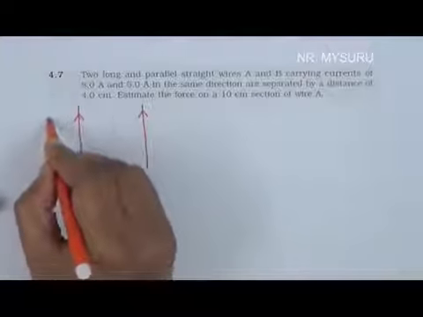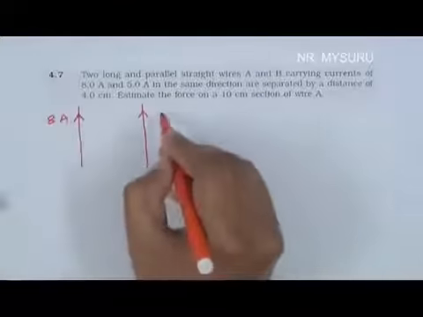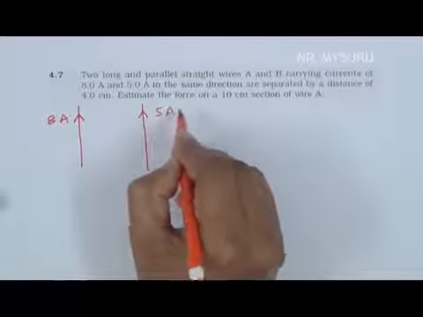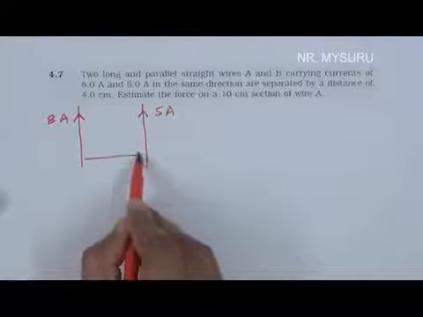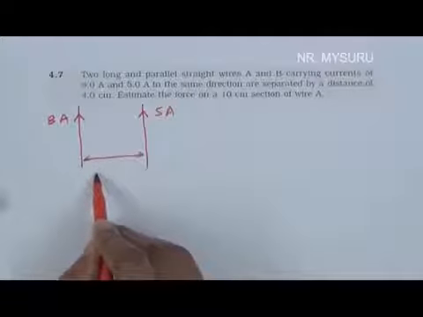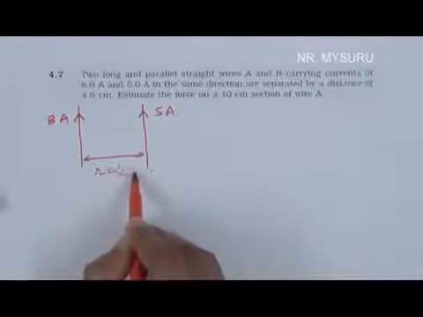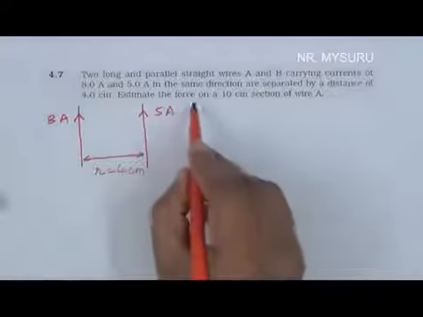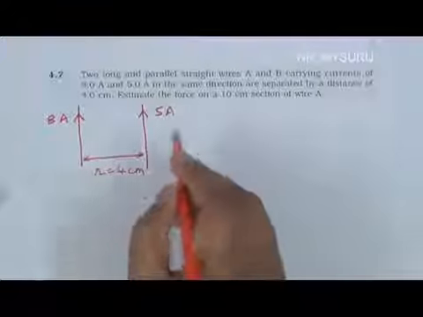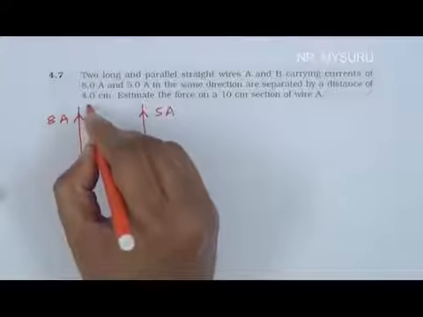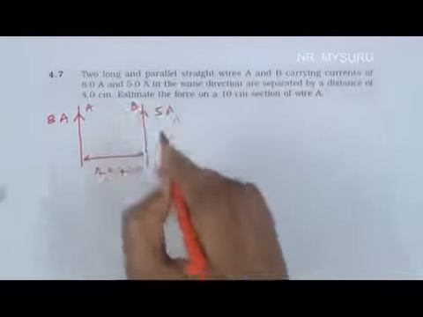Current through one is 8 ampere, current through second is 5 ampere. It is separated by distance 4 centimeter. So R is 4 centimeter. Estimate the force on a 10 centimeter section of wire A. That is A and this B.